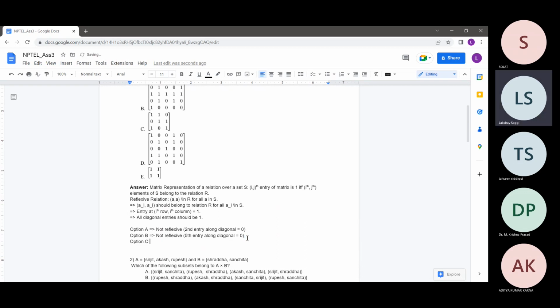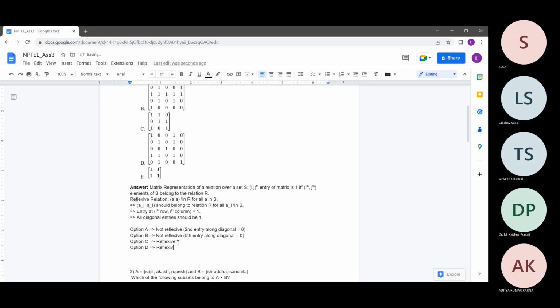Basically it is reflexive because all diagonal entries are 1. Similarly, in option D, we can see all the diagonal entries are 1, so it is also reflexive. And in option E, there are 2 entries along the diagonal, both are 1, so option E is also reflexive.